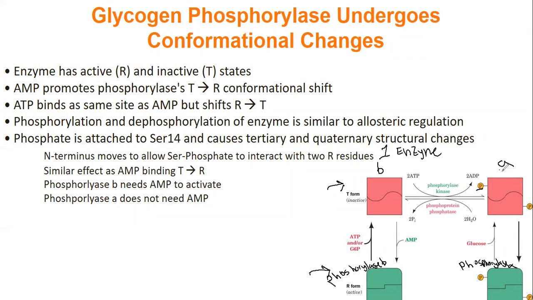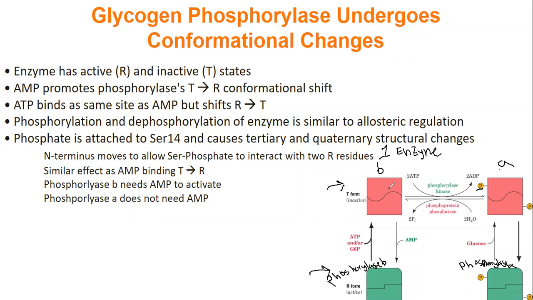So first, we are going to just look at the beta form, how we switch from the T to the R state, right? So this breaks down glycogen. We want to break down glycogen when we're low energy because glycogen is our fuel storage.